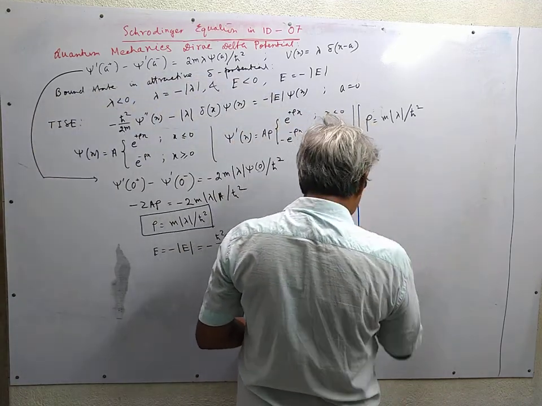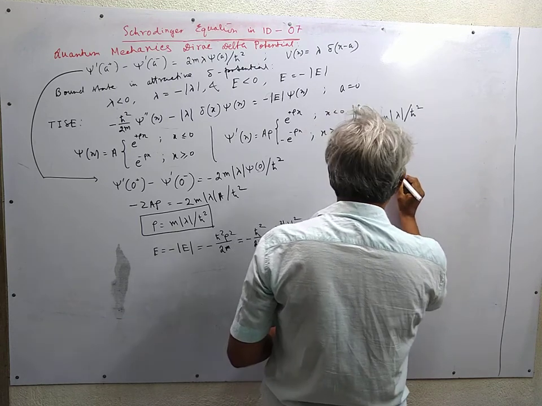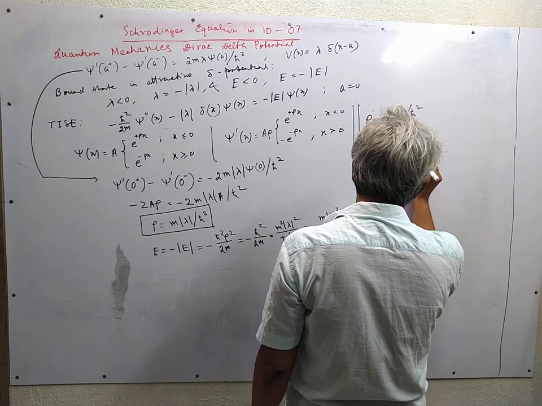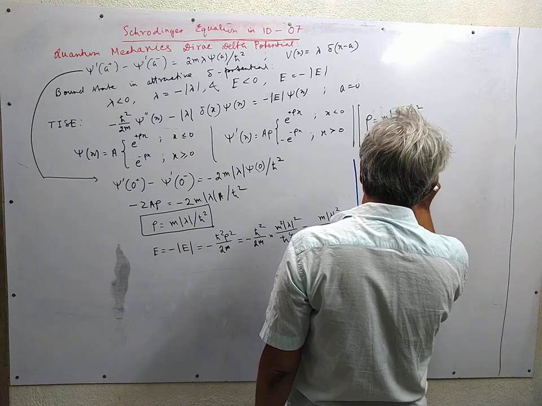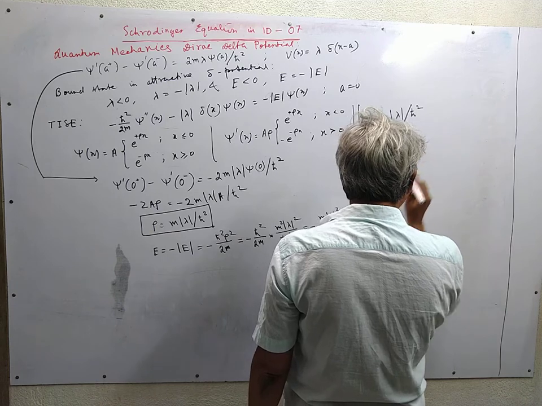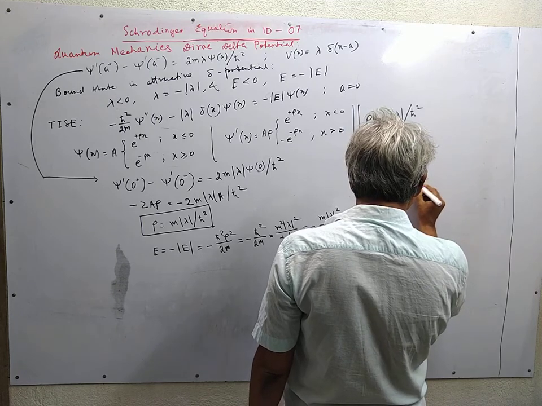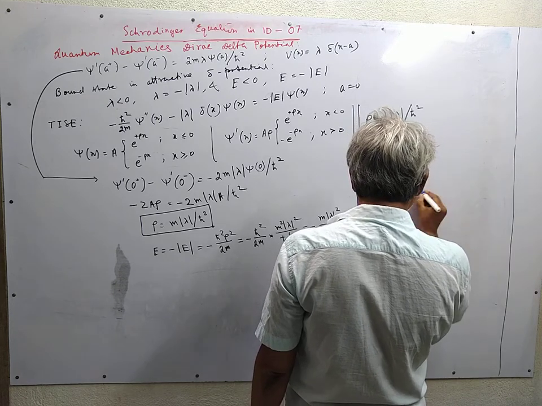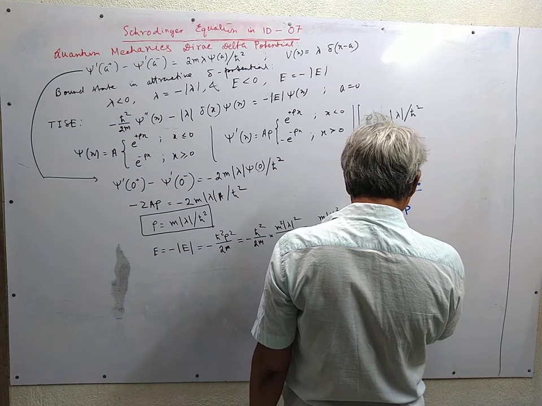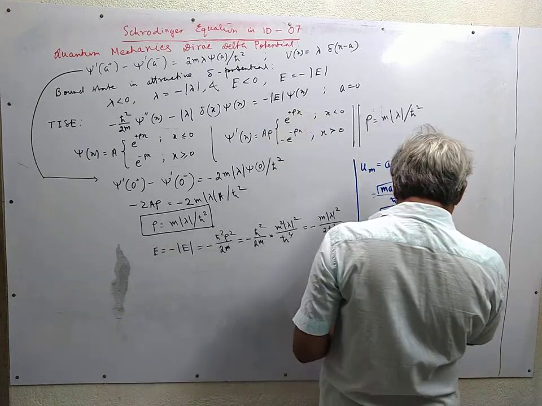Recall our definition of was A times this, and we said that P is equal to the strength of the potential.